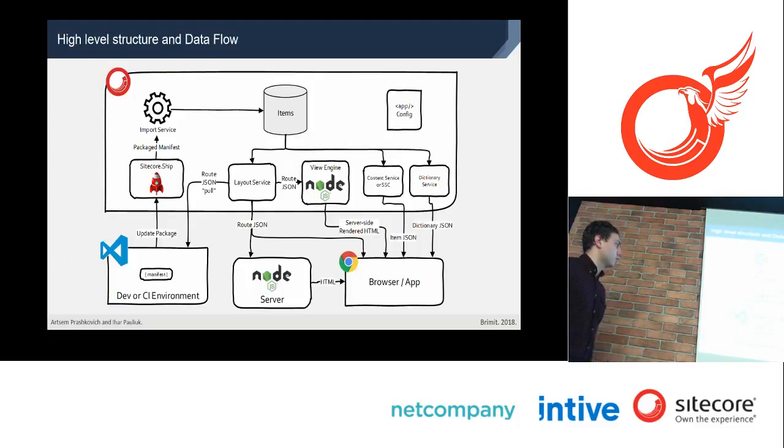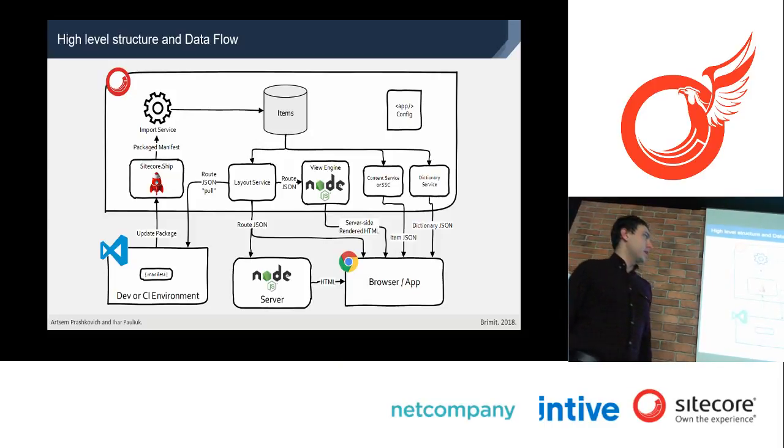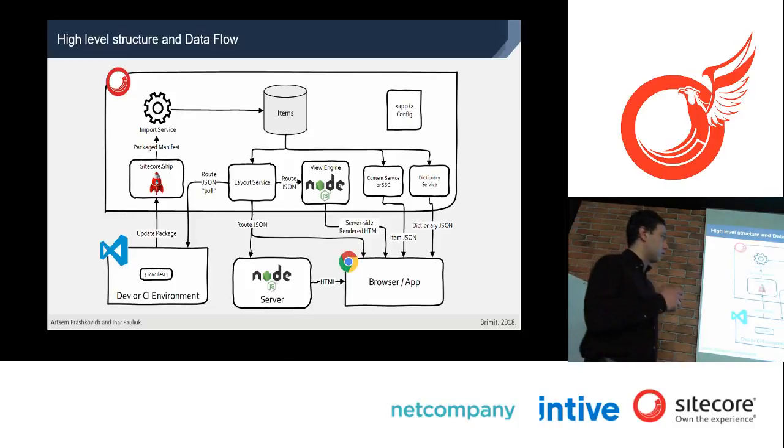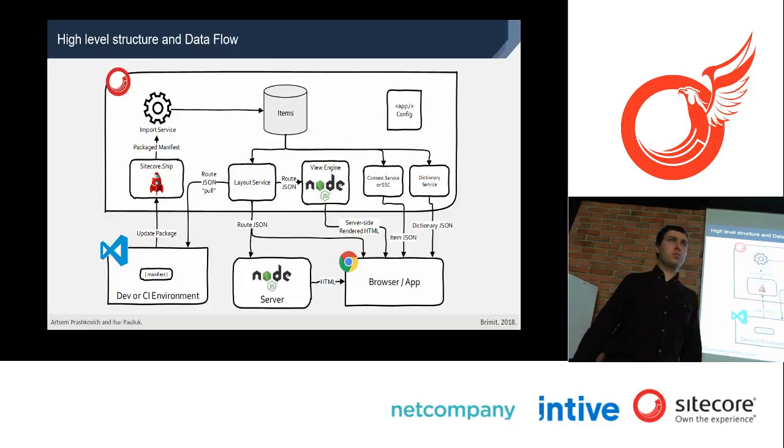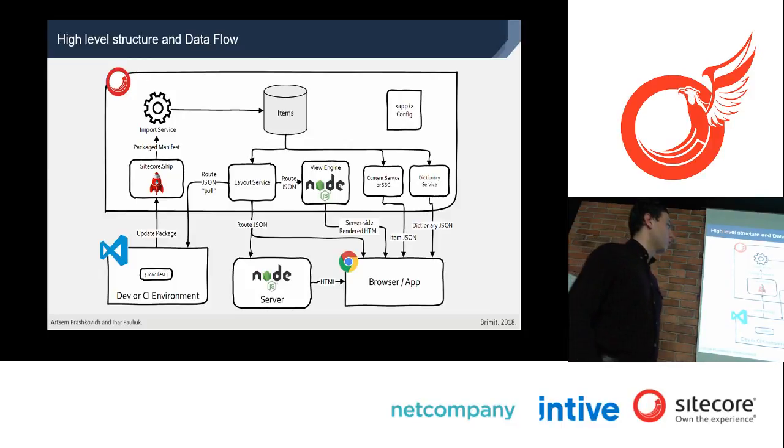Okay, so it's a difficult diagram. This diagram represents the high-level structure of data and data flow of JSS, and we can see that JSS is based on a list of services like layout service, content service, Sitecore service client, and in the latest version, GraphQL is also included in the project.